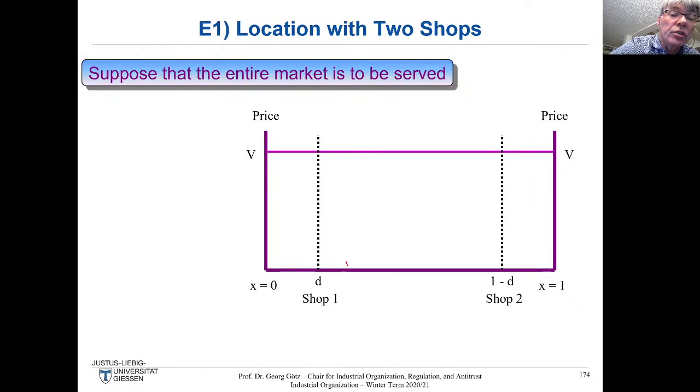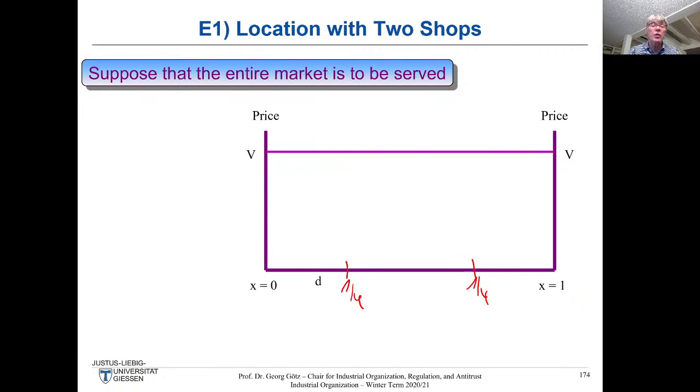About here is 1/4, and in the end you will see that the optimal thing is to locate them at 1/4, but we have to of course prove that.